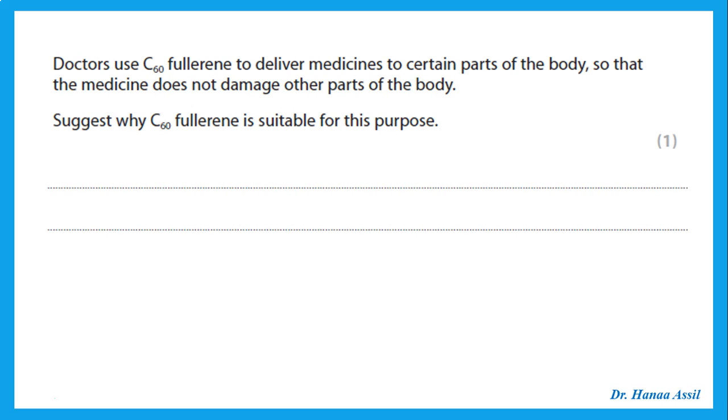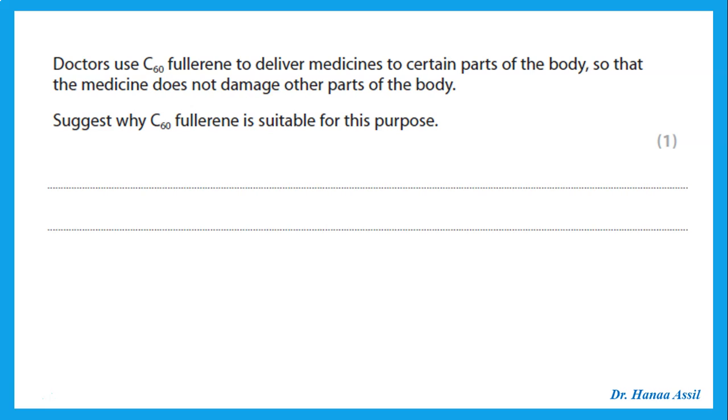So there is a question that says doctors use C60 fullerene to deliver medicines to certain parts of the body so that the medicine does not damage other parts of the body. Suggest why C60 fullerene is suitable for this purpose.